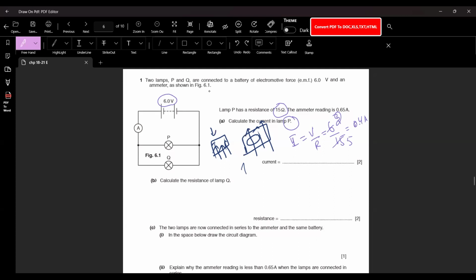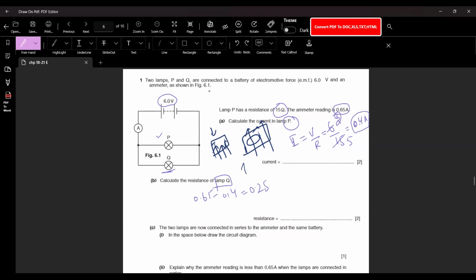Now we need to find out the resistance of lamp Q. They have given us the total value of current, which is 0.65, out of which 0.4 is used by lamp P, which means the remaining current would go to lamp Q. So 0.65 minus 0.4 would give us a value of 0.25.